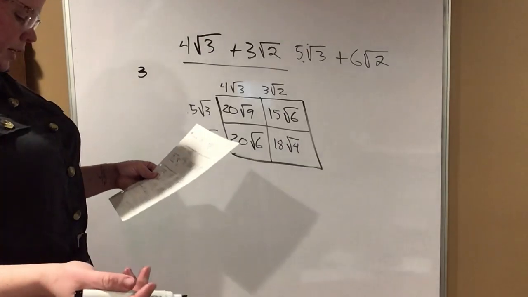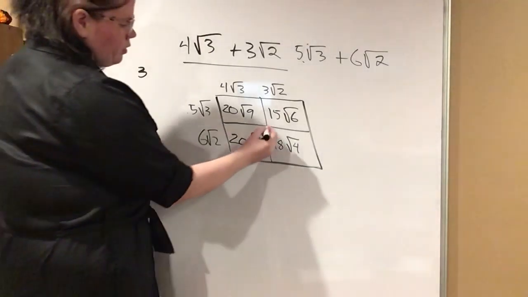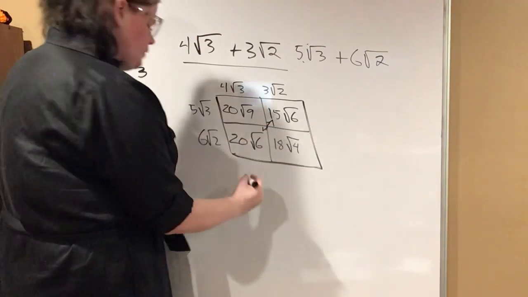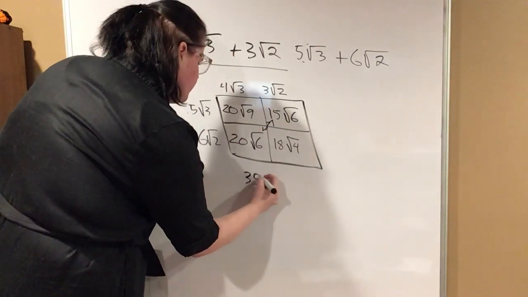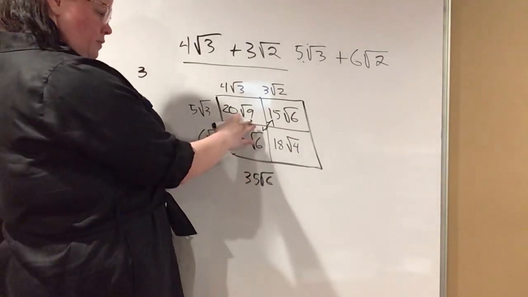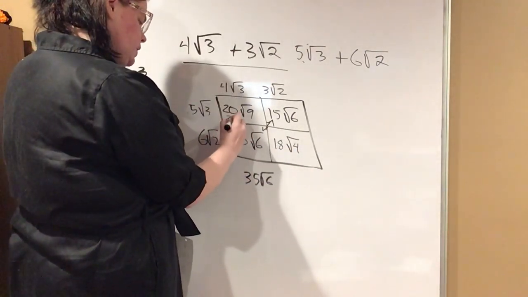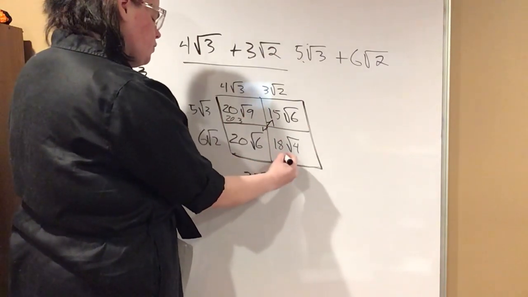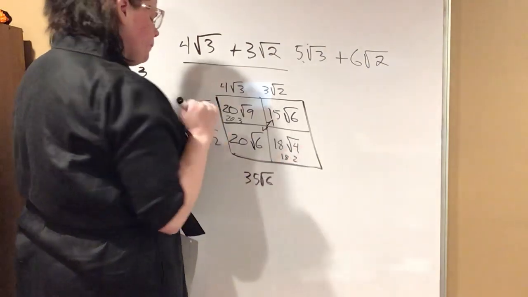So combine whatever like terms we have, which is right here. So 20 plus 15, 35 square roots of 6. Well, we can take the square root of 9, which is 3, so it's actually 20 times 3. And then 18, take the square root of 4, which is 18 times 2.